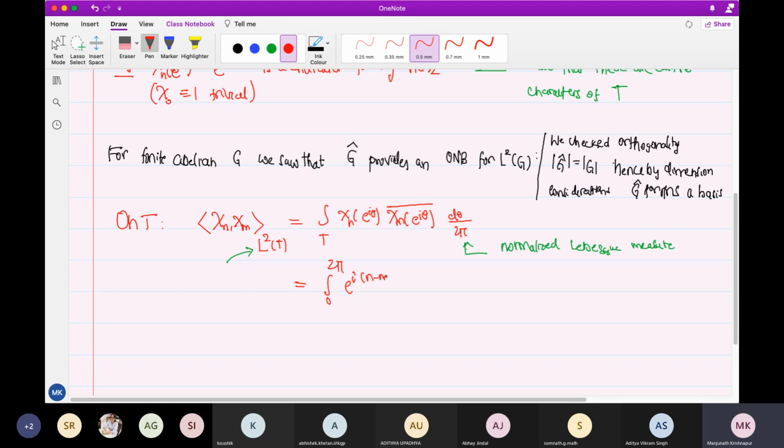So this becomes e to the i (n minus m) theta, d theta over 2 pi, which we know is 1 if the exponent is 0, because then you are integrating the function 1 with respect to this normalized measure, so you get 1. Otherwise, you get 0. Okay, so that is the orthonormality. So in other words, the orthonormality is still okay.